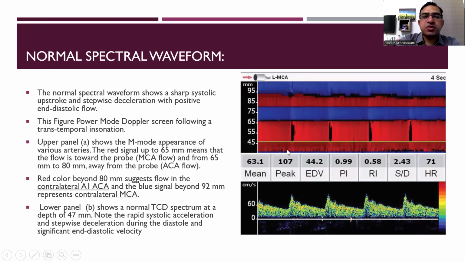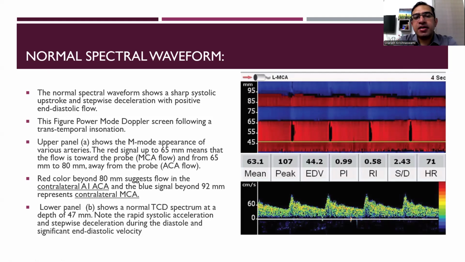The upper panel shows an M mode, which is the motion mode of the various arteries. If you look here, the red signal up to 65 millimeters means the flow is towards the probe, and from 65 to 80 millimeters, it is away from the probe. So the flow towards the probe is the middle cerebral artery. Away from the probe is the anterior cerebral artery.